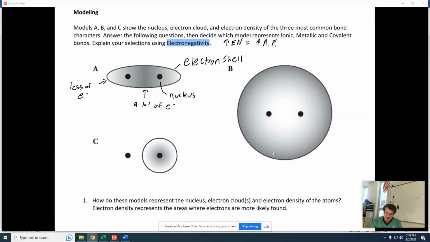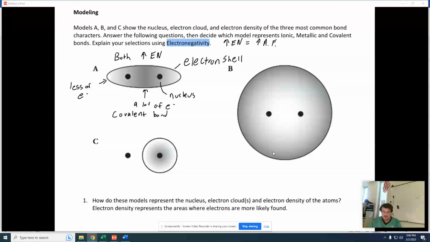So in A, we could say that both atoms have a high electronegativity because they both have high attractive forces. And now, using the graphing lab, we should be able to confirm that if both atoms have a high electronegativity, that means that this is an example of a covalent bond.